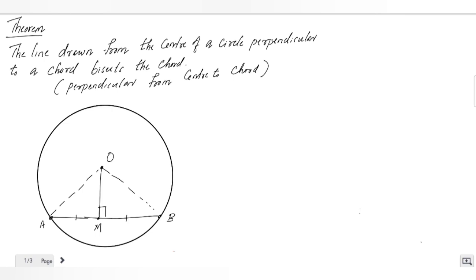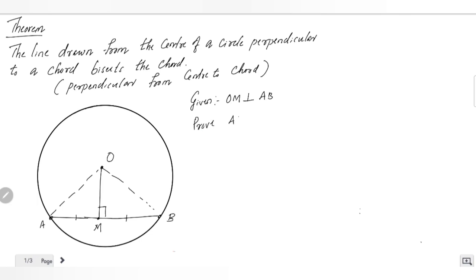So how do you write the proof of this theorem? How do we write it? You have to first write the given items. What are the items given here? Given: a circle with center O, and OM is perpendicular to AB, isn't it? And you have to prove what?